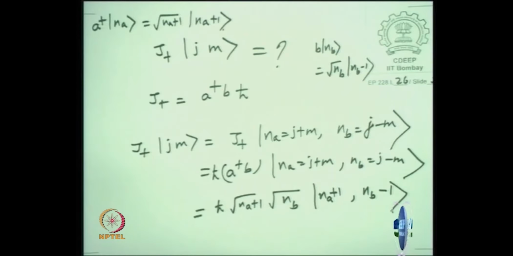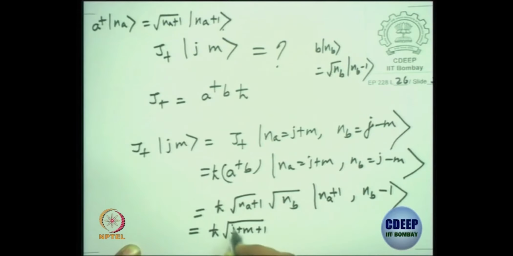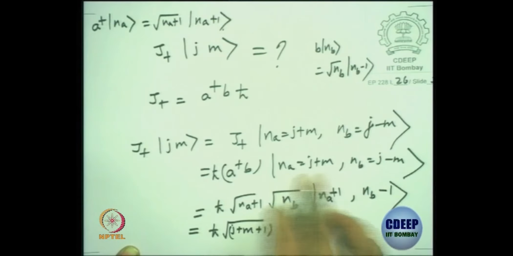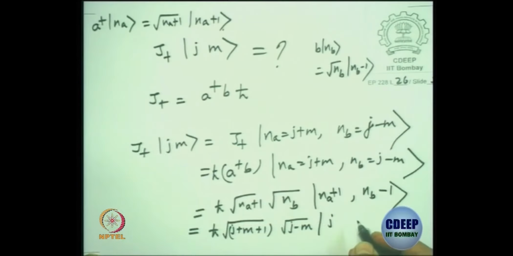J3 is increased by 1. Okay. So, we can rewrite this as H cross. Instead of Na, I will put it as J plus M plus 1. Instead of Nb, I will put it as J minus M. Is that correct? Nb is J minus M. Na is J plus M. And what will I write here? I can write this as J. J doesn't change. M changes to M plus 1.